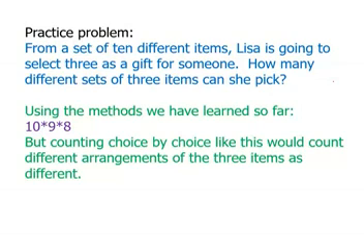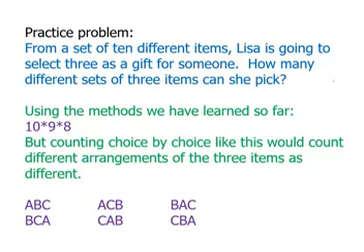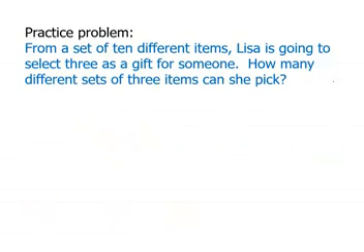We would have overcounted by 3 factorial, or 6, so we have to divide by that. So this is an example of the 6 different arrangements of the same 3 gifts. All 6 of those just count as one set of gifts. We don't need to count it 6 times. So the 10 times 9 times 8 is 6 times too big.